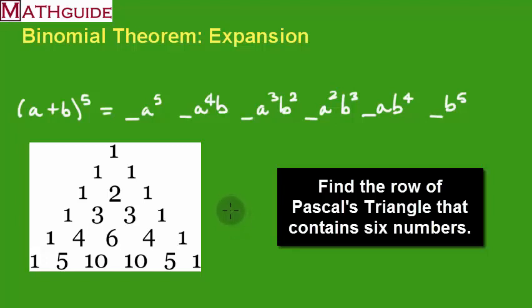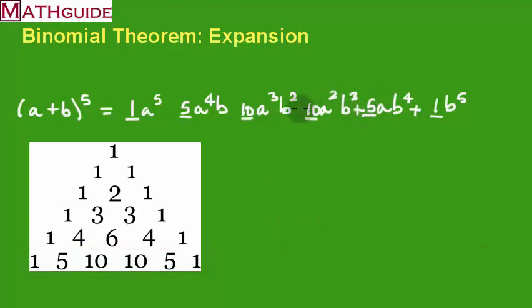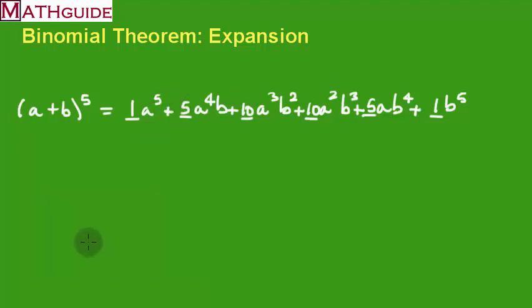So you go to the row of Pascal's triangle that has 6 numbers, and I did earlier, the row that has 6 numbers has these values. Okay, so I'm putting plus signs in between, trying to be as neat as I possibly can. Okay, so now we could actually see the terms a little bit better.